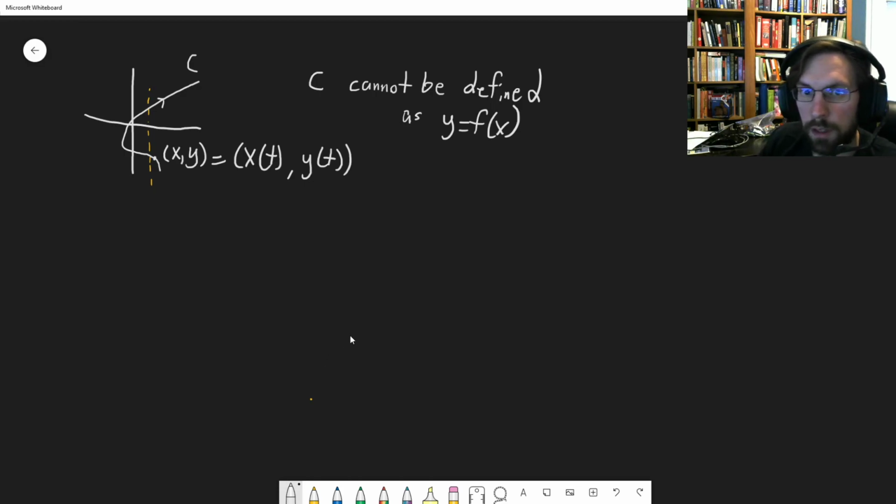Okay, so this is where we have something new here that we can use. And so x and y are defined in terms of a third variable, and this third variable we call t, as we did here. And t is called a parameter.